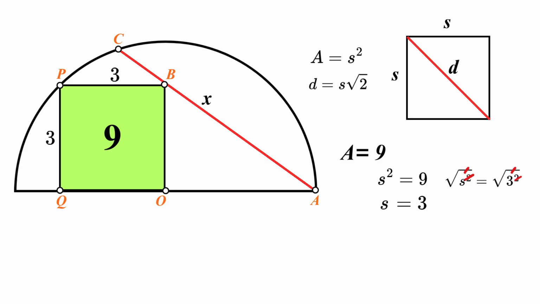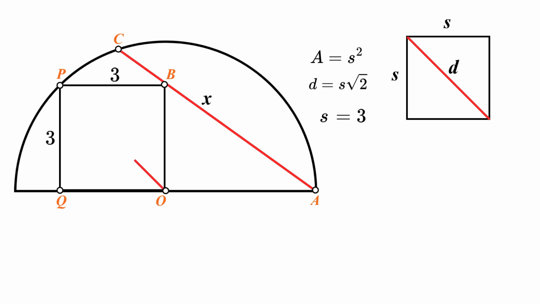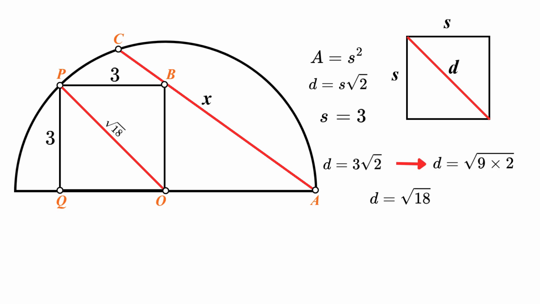Next, let's calculate the length of the diagonal OP. If we substitute the value for the side, we get that this diagonal equals 3 times the square root of 2, which equals the square root of 18. And we are going to implement this into the sketch. Now, take a look at the diagonal OP.